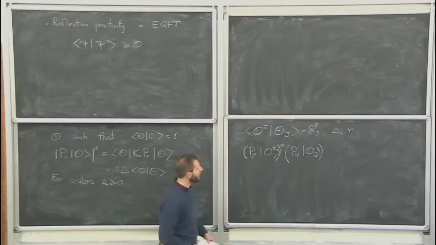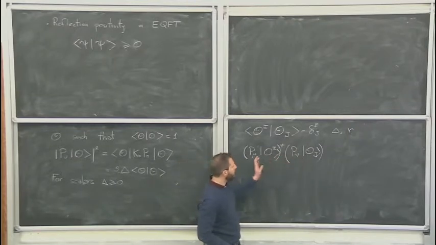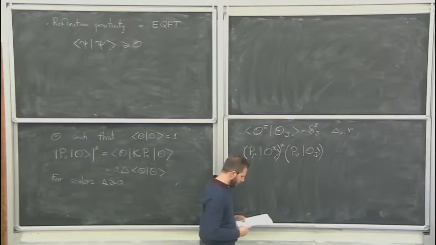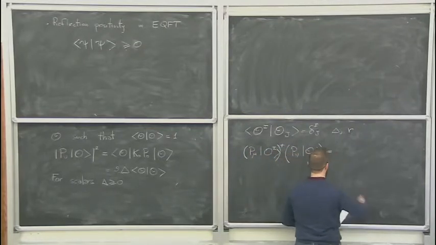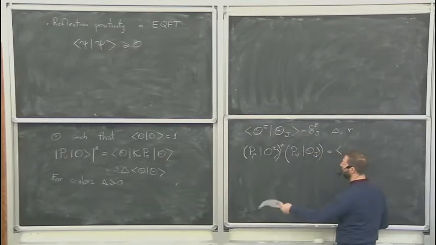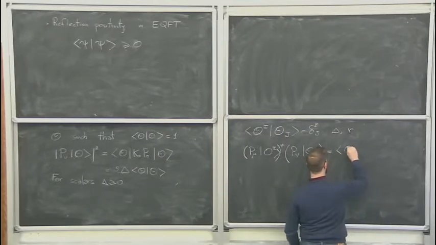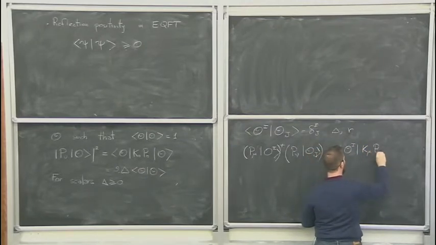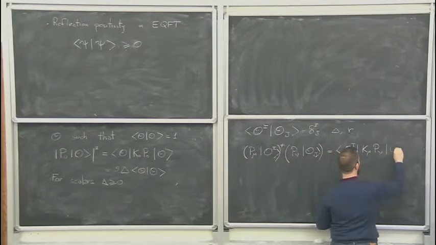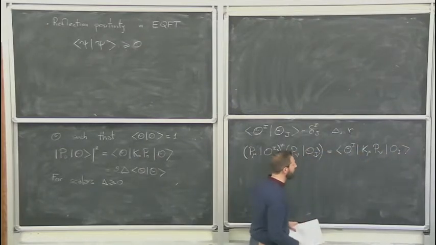Okay, so this is basically a scalar product, but it's written in this form. So what is this? This is, as before, just OI, K mu, P nu, OJ. So I'm just repeating the same step as before.